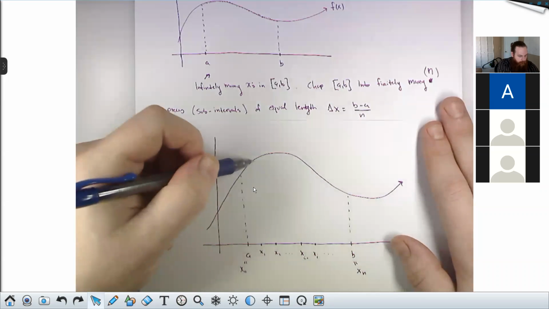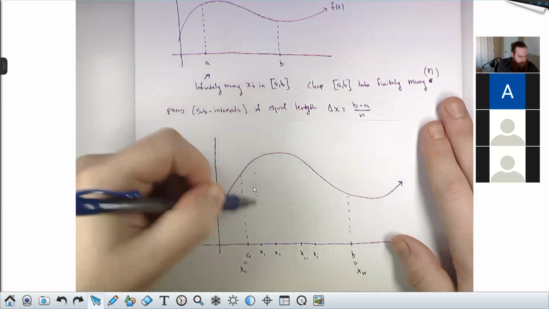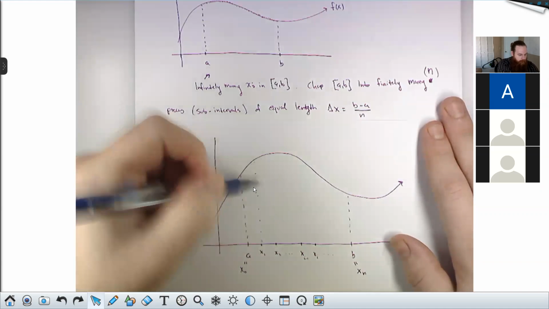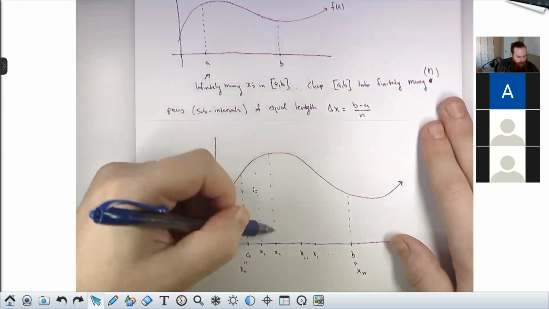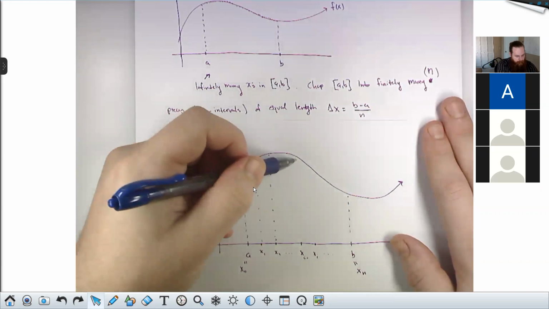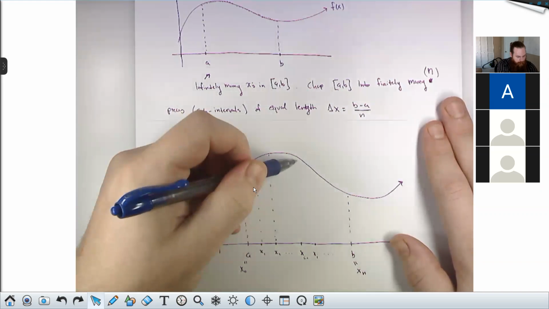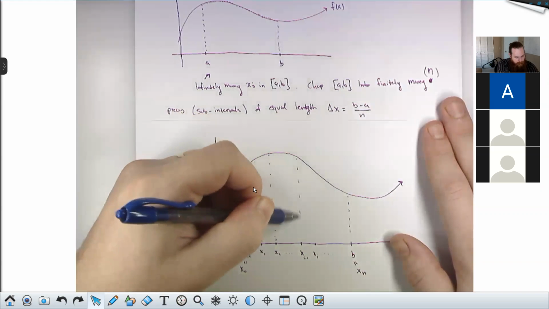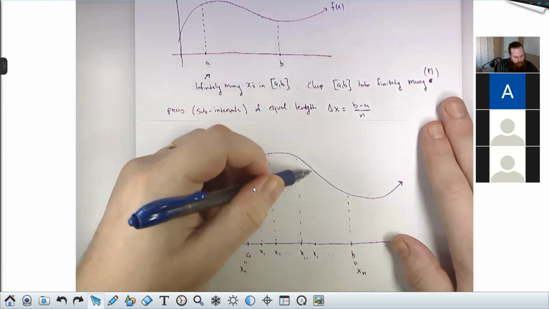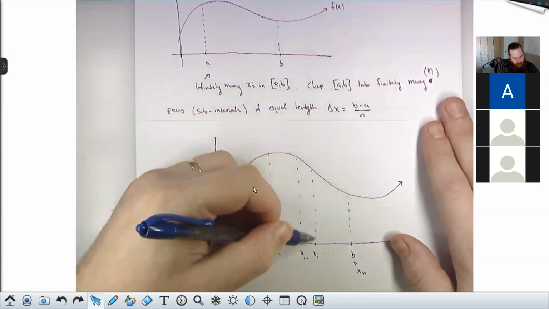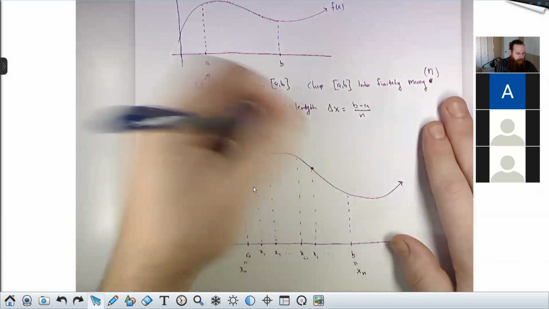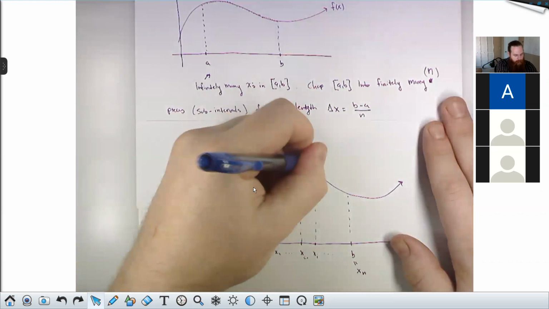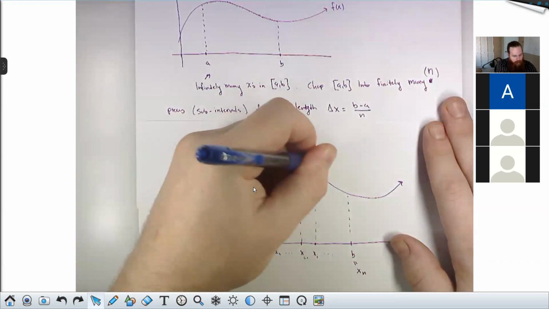So now instead of working with all infinitely many of them, I'm just going to work with the y values that come from these x values. So up here, this y value, I'm not going to write the x coordinate because it's there. This is f of xi.